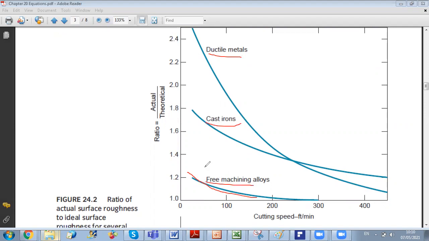And for each type, you have the effect of the cutting speed on the ratio. You can see that as the cutting speed increases, the ratio will decrease. And this means that the actual roughness will be much different compared to the theoretical one.